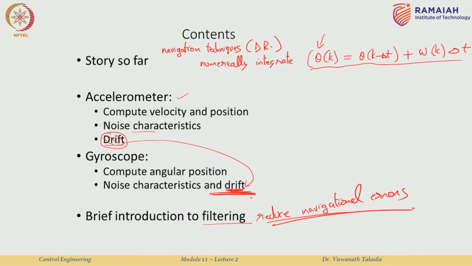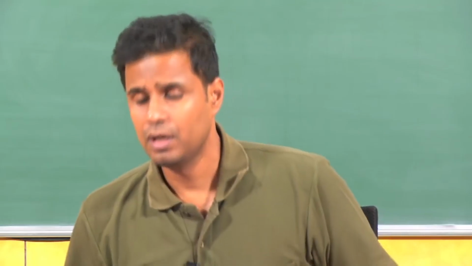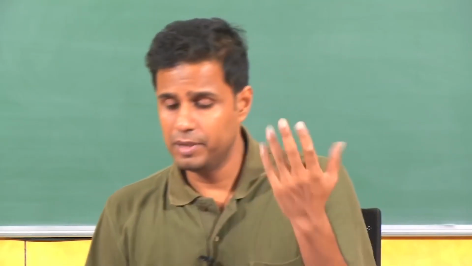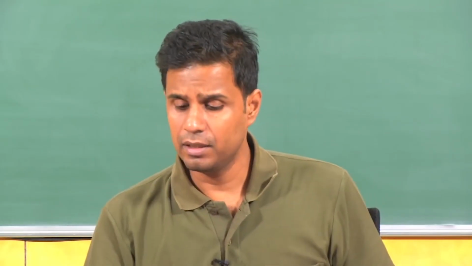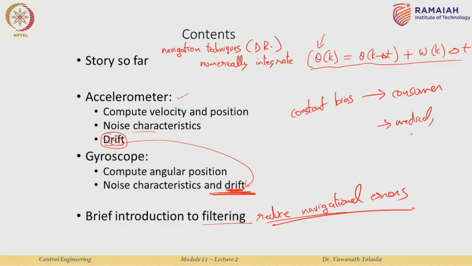Solve drift, reduce drift as much as you can, focus on the constant bias for all consumer type applications. For medical and military kinds of applications, you would need to look at all the different noise profiles. This becomes very important.